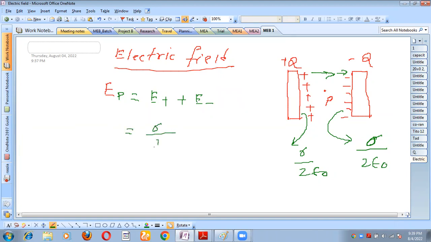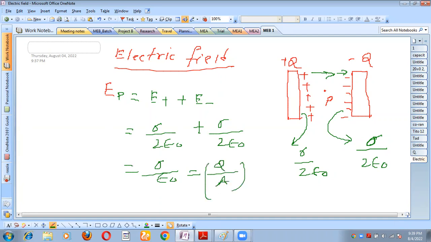This will lead to sigma by 2 epsilon naught plus sigma by 2 epsilon naught. So net electric field between the plates will be sigma by epsilon naught, where sigma is the charge per unit area. So sigma is equal to Q by A. Understood this one? How we calculate electric field between the plates? That is sigma by epsilon naught.